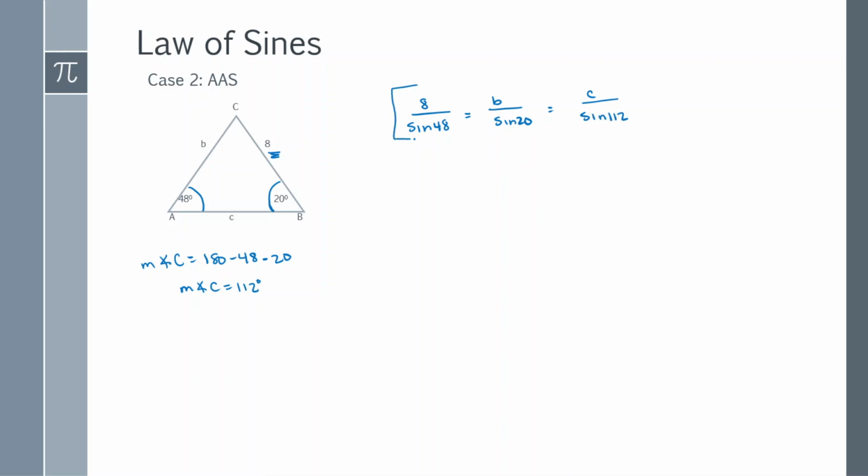So by using this first ratio that is fully known, I can show that B is equal to 8 times the sine of 20 divided by the sine of 48. And C is going to equal 8 times the sine of 112 over the sine of 48. So then we plug that in.